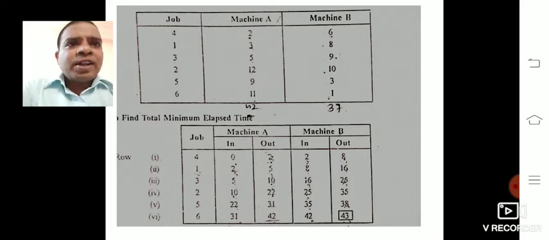Now similarly for job 1. See here, the fourth job comes out from machine A at 2 minutes.